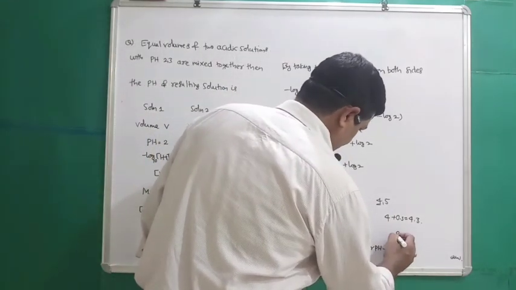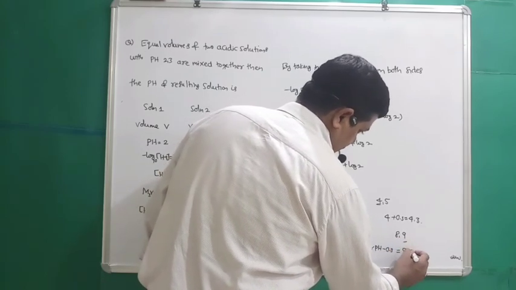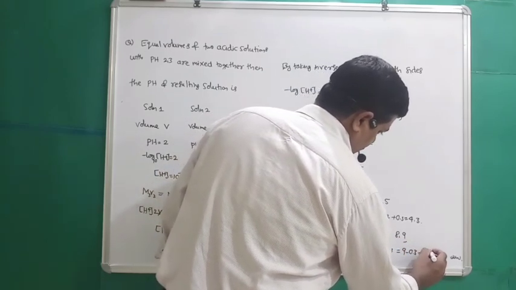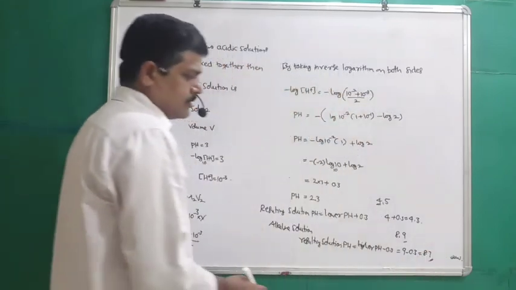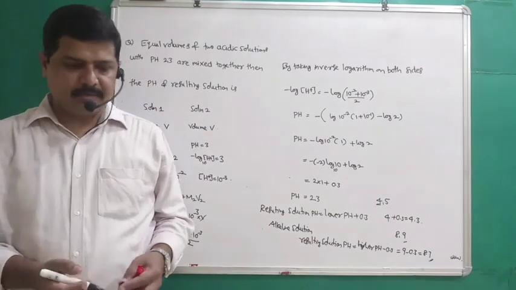So if 8, 9 are given, the higher pH is 9 minus 0.3, which is equal to 8.7, right? So students, this is the first topic I have taken.